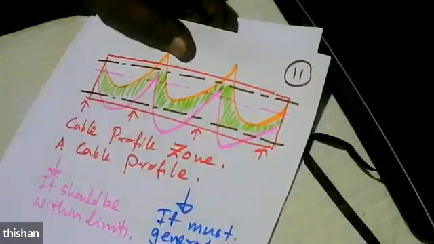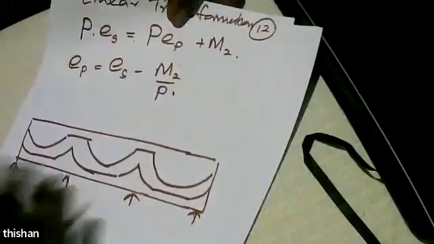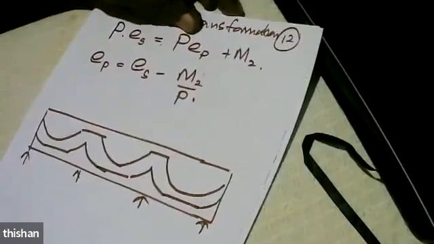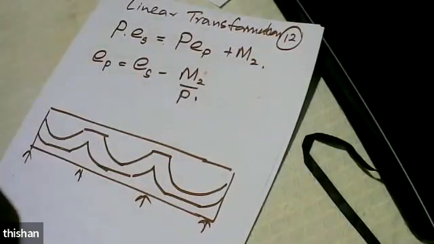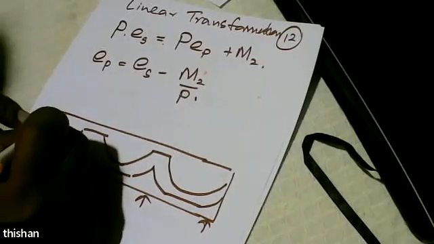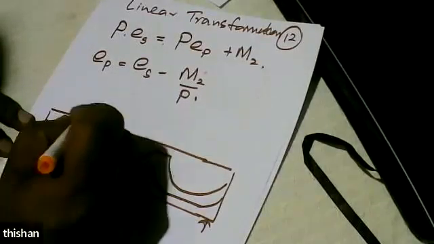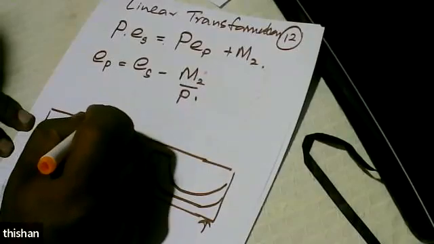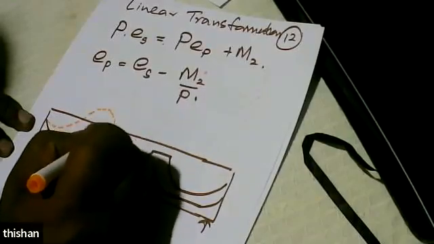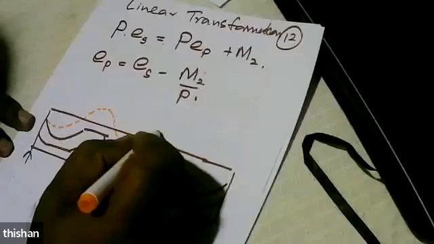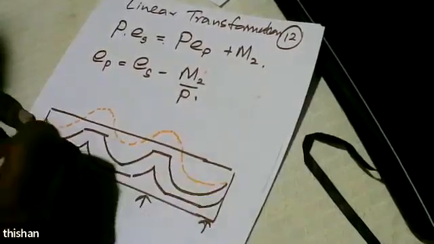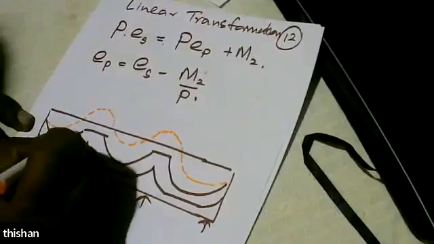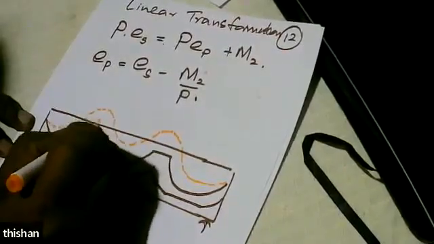So if you look like this, what I do is I will use this equation and then find something called... it can be even outside.